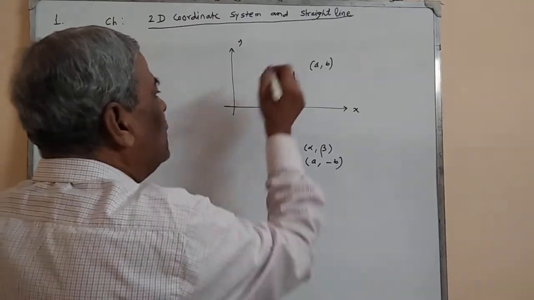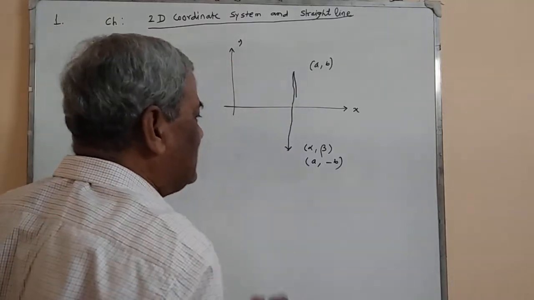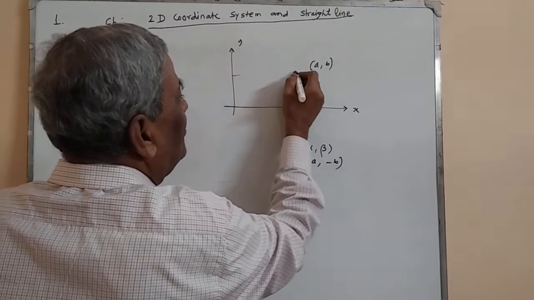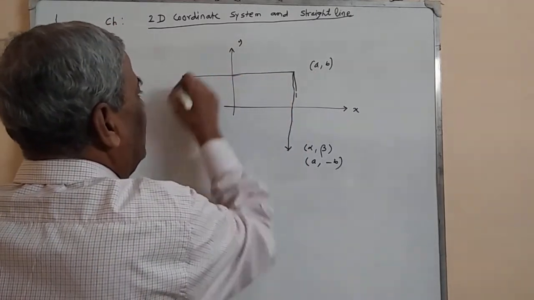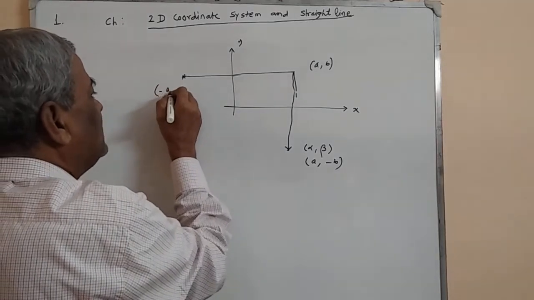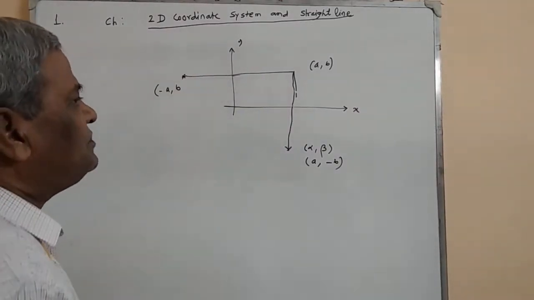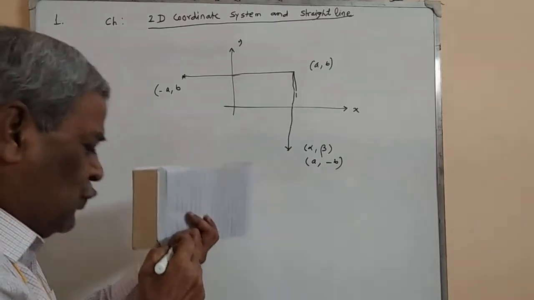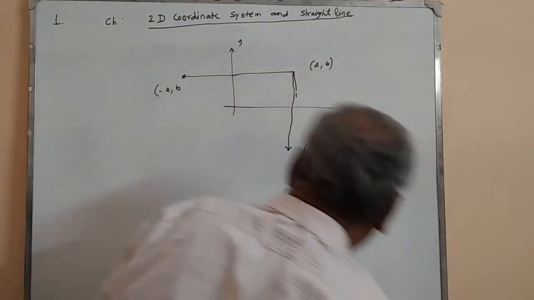Similarly, with respect to the y-axis, it is actually equal to minus a comma b. You should keep in mind all these things.